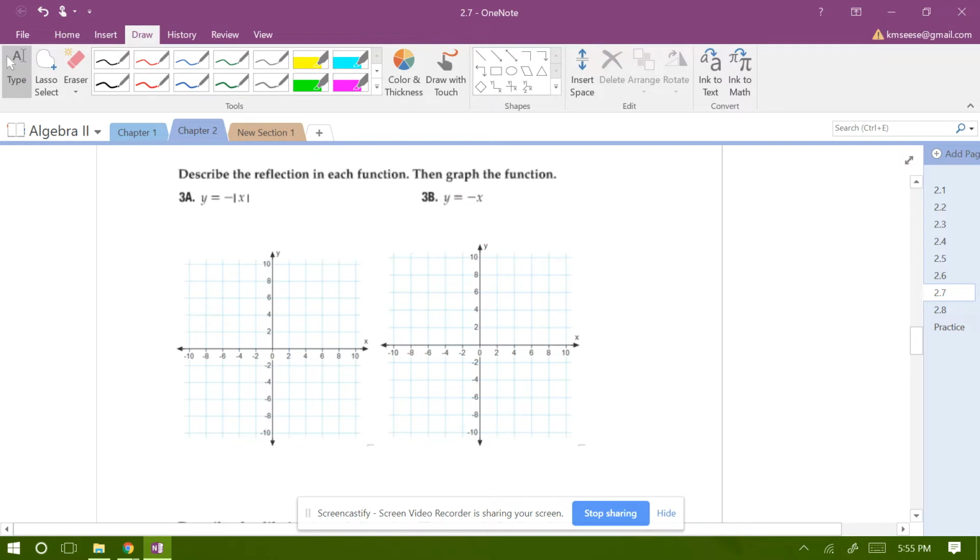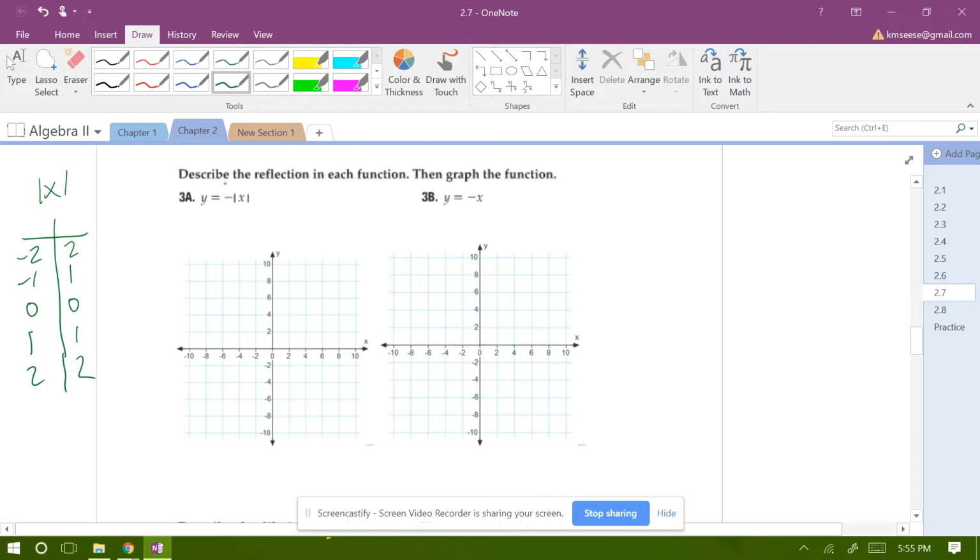Here we're going to talk about reflections. So our parent function in 3a is our absolute value function. All right, so 2, 1, 0, 1. So, is this negative in the x-axis, or inside the math, or outside the math?